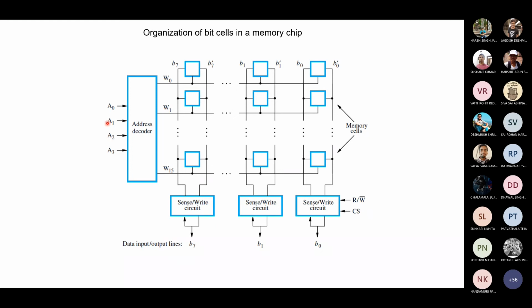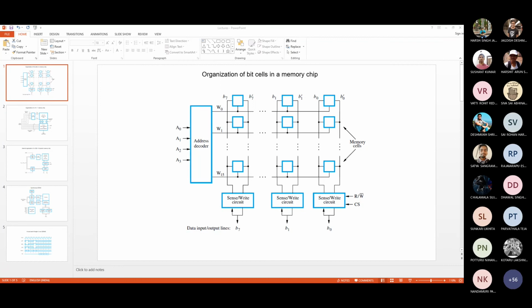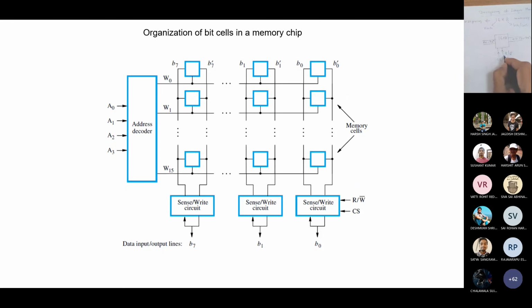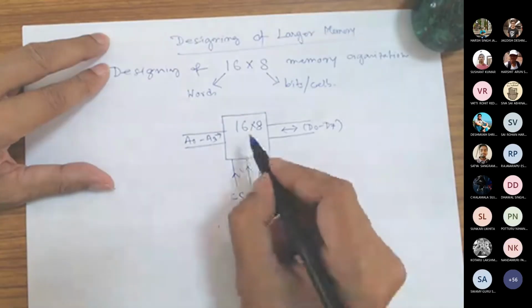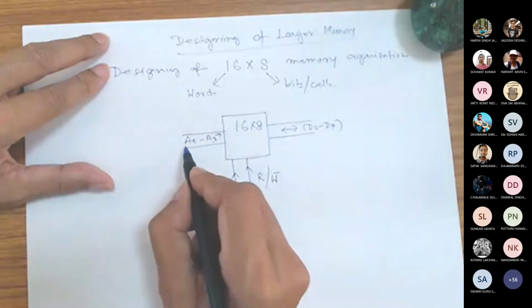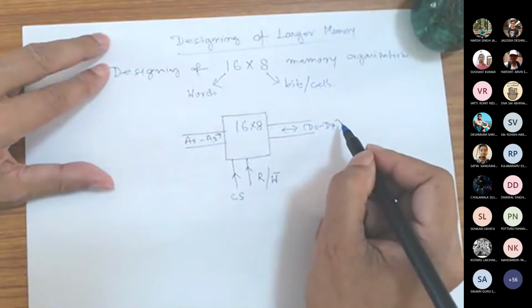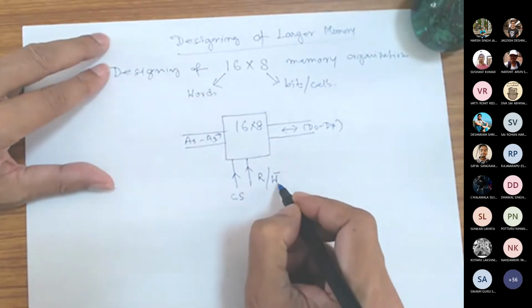Is the organization clear? Let me switch on my camera again. See what I'm drawing here. (16 into 8), A0 to A3 address line, D0 to D7 bidirectional data line, read write bar, and chip select.